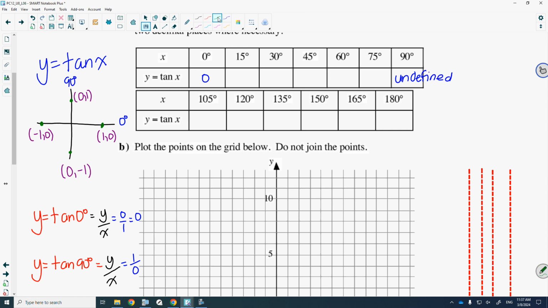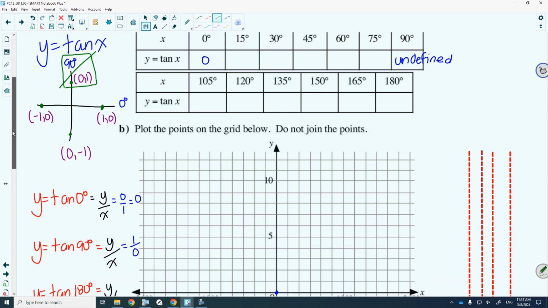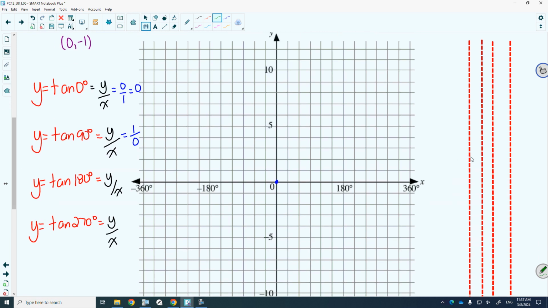I'm just going to put a square here. So how I'm going to show that on my graph is at 90 degrees, there's a vertical asymptote on your tan graph. X cannot be equal to 90 degrees, so we have a VA there.